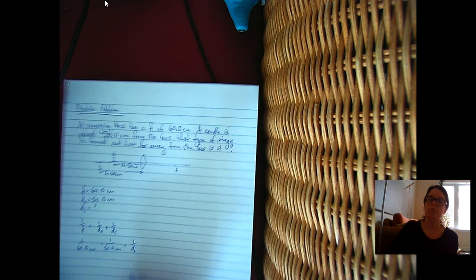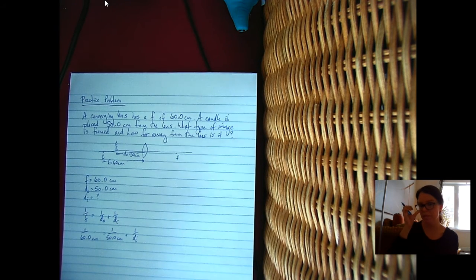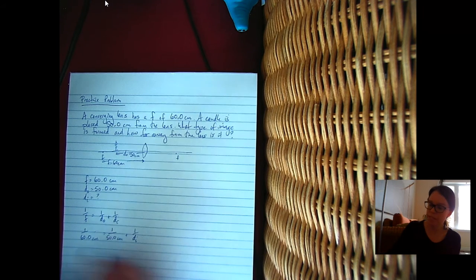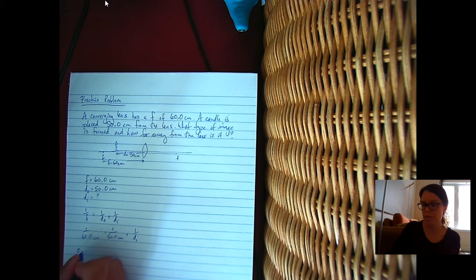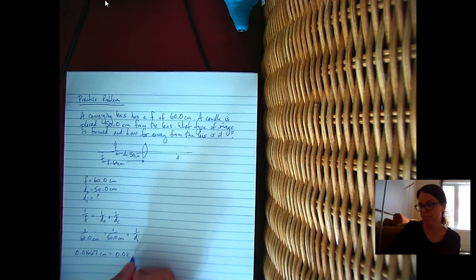You can rely on your skills to start solving this in any number of ways. I'm going to convert to decimals. 1 divided by 60 is 0.016 repeating. I'm going to keep a couple sixes and then round to a 7 here. 1 over 50 comes to 0.02.